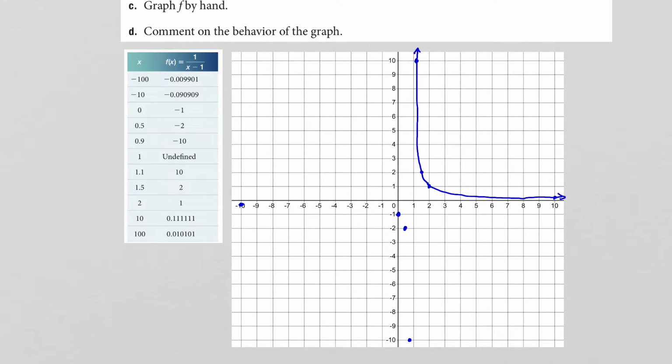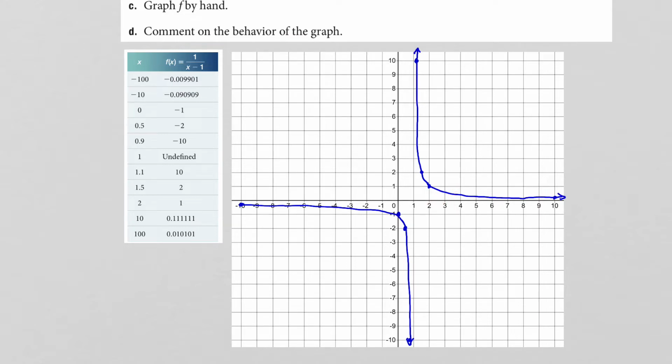And on the other side, it looks very similar. You'll notice that we get this very peculiar behavior right around x equals 1, because of course at x equals 1 it's undefined.